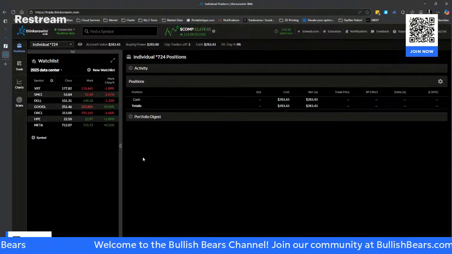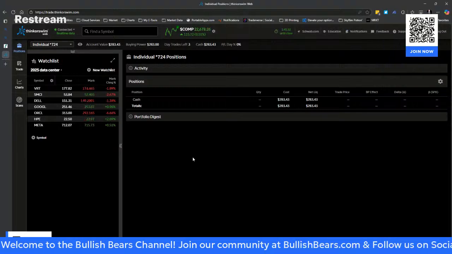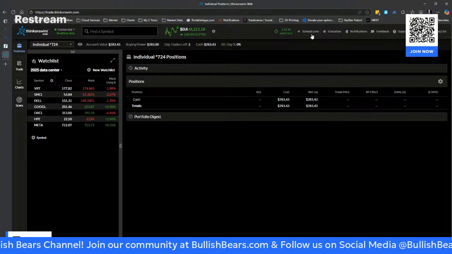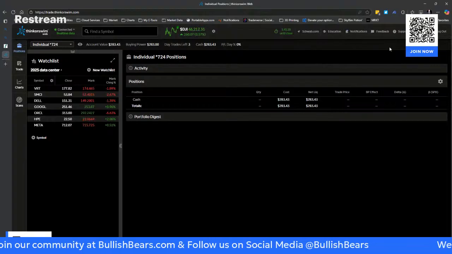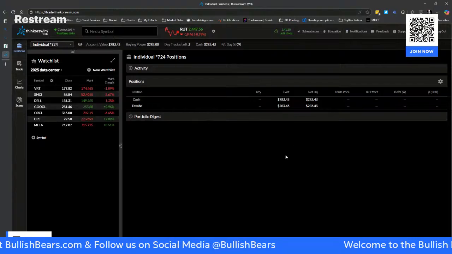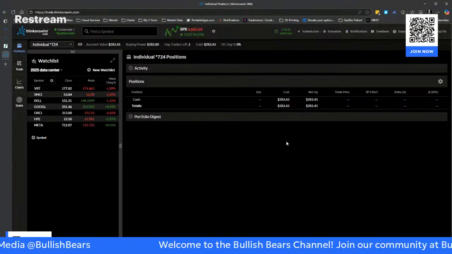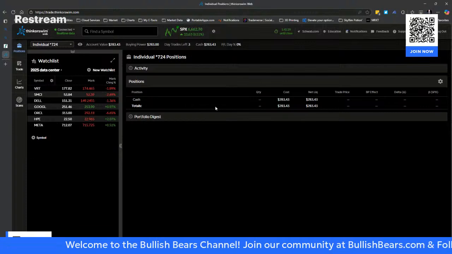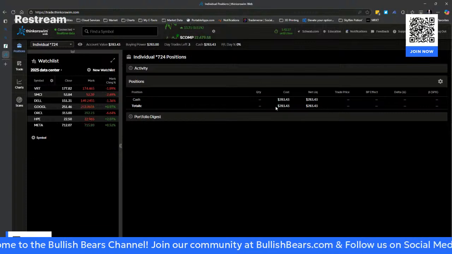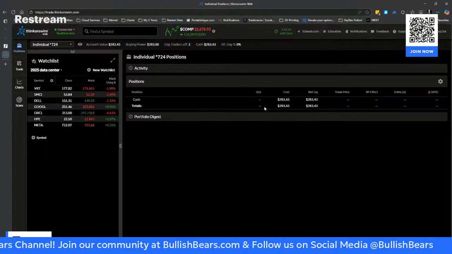But if you've never seen it before, this is the Thinkorswim web version. It's got the Schwab links and education notifications, blah blah blah. Watch list. It'll do an active trader, time and sales. There's nothing in this account trade wise, so you can see I'm sitting just a little under $300.